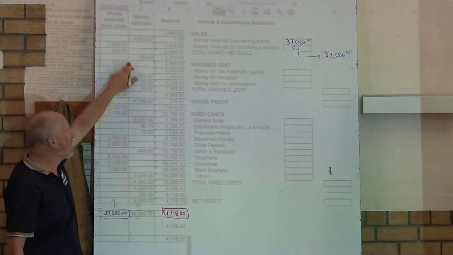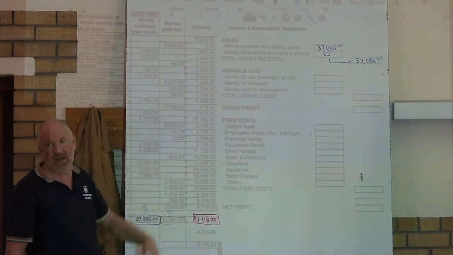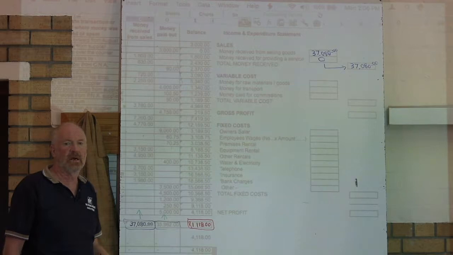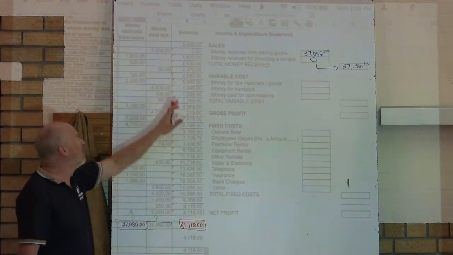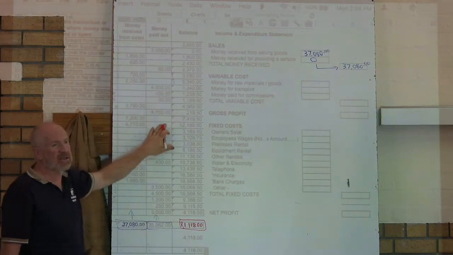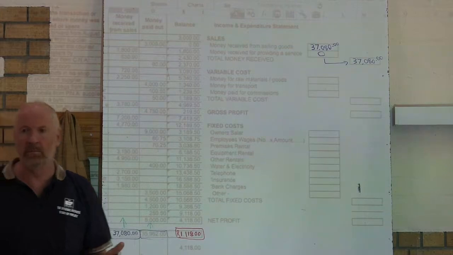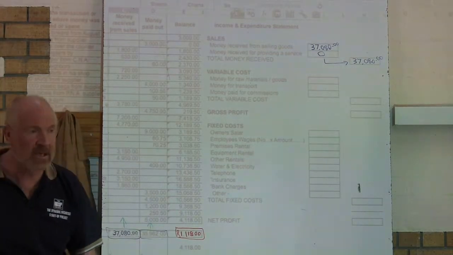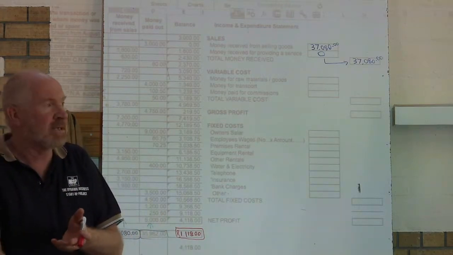Now we move to our expenses. Don't worry about the balance. You're not interested in the balance for this. Okay, now, would you agree that in this money paid out, you have got various costs mixed up? You got some fixed cost items, some variable cost items, some transport items.